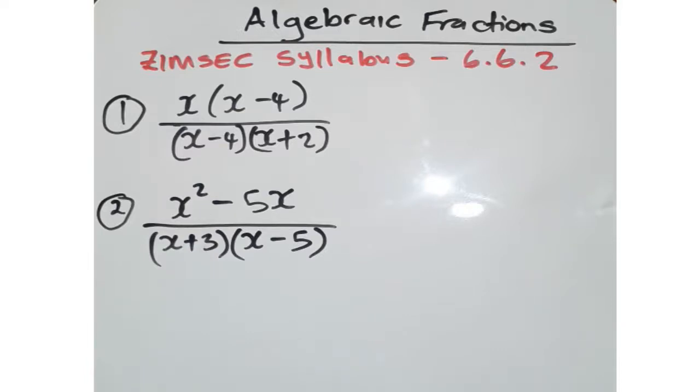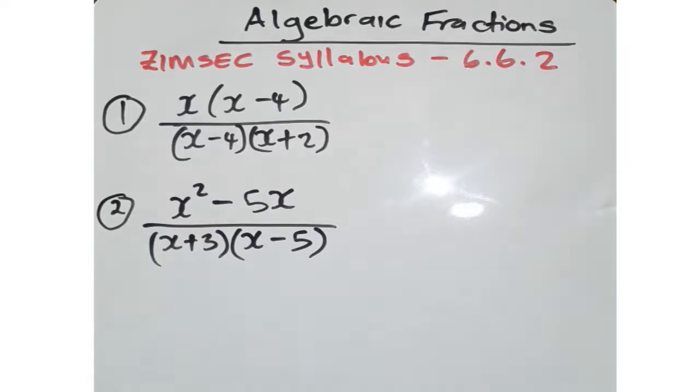You find the common factor in the numerator and the denominator, and then simplify further. Other complex algebraic fractions require you to factorize either the numerator or the denominator, or both of them, so that you're able to simplify the algebraic expression.